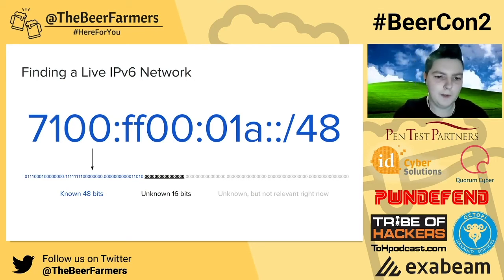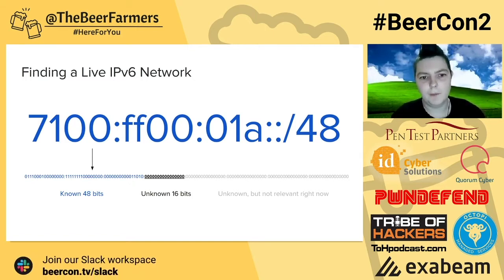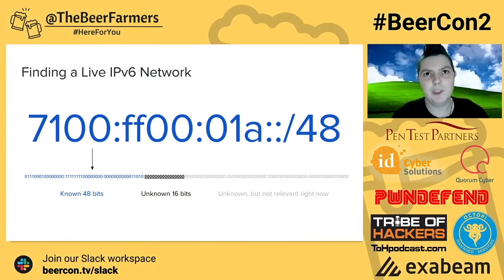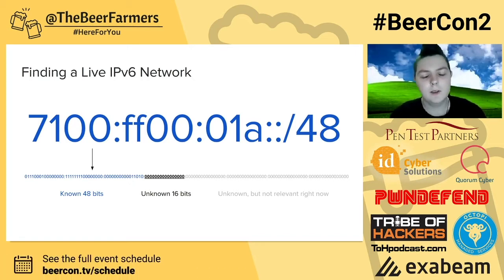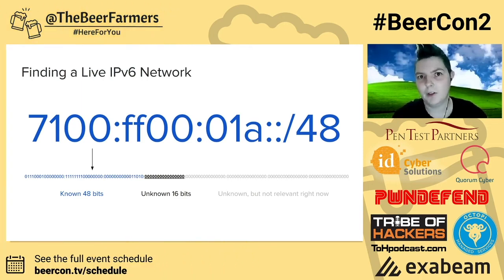To find a live network prefix, we still have 16 bits that we need to look through. That's a lot more feasible than all 64 bits that we would have to search for an interface identifier if we didn't have this advertisement. The other 64 bits on the end, the interface identifier, we don't know yet, but they're not relevant to us right now for finding a live network that might have hosts on it.